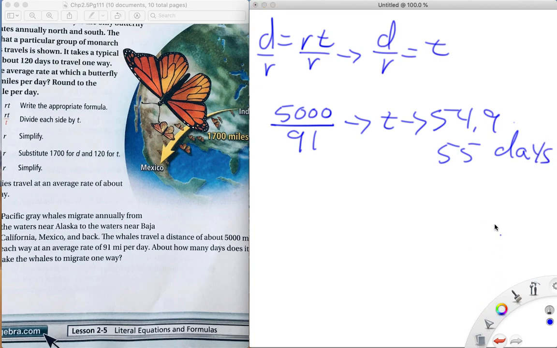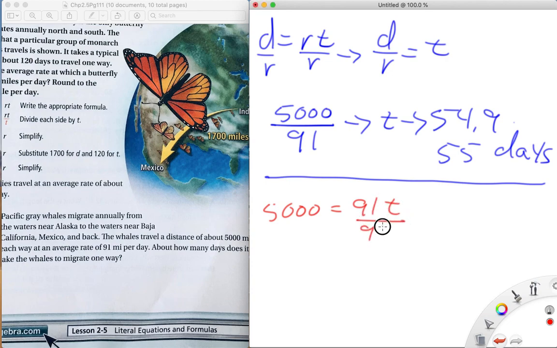Or you can plug them in like I did earlier and say, okay, 5,000 equals 91 times t, and then divide by 91. Again, it will get you to the same place.